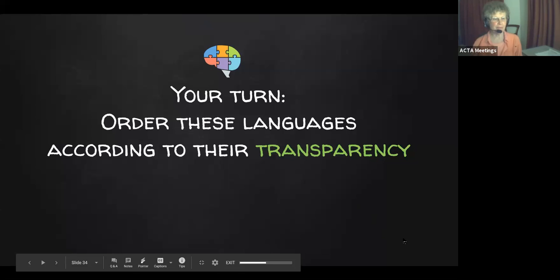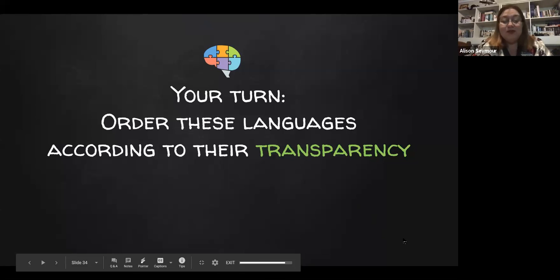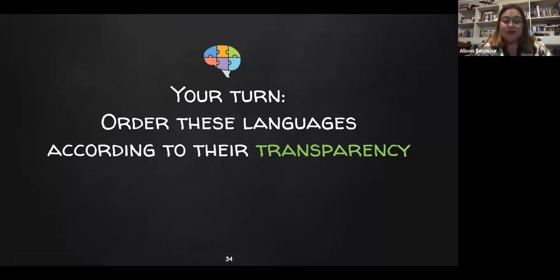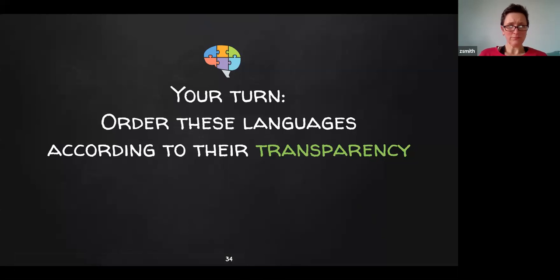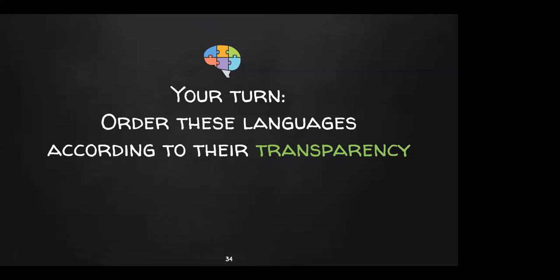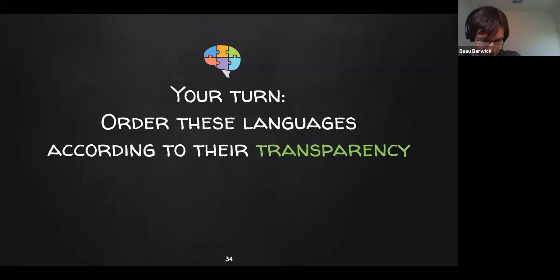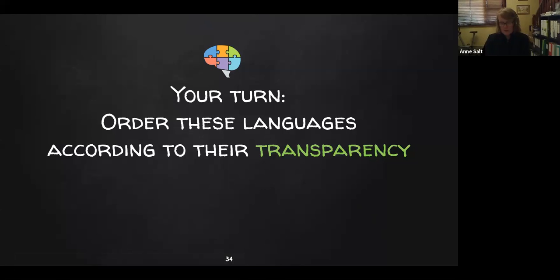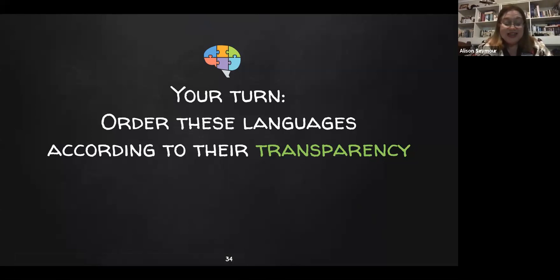Okay, good. So we'll continue. I'll throw it open. So what did everybody think was the most transparent language? We thought Italian. Yes, so did we. Why did you choose Italian? We were agreeing on that.